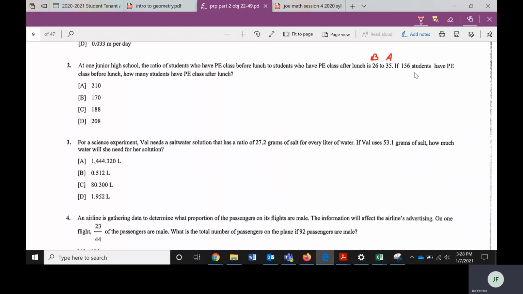It says if 156 students have PE class before lunch, how many students have PE class after lunch? So we read the problem, and what we need to know first is what are they asking for in the unknown pair? They gave us students who have PE before lunch, and they're wondering, when they give us that, how many students have class after lunch.